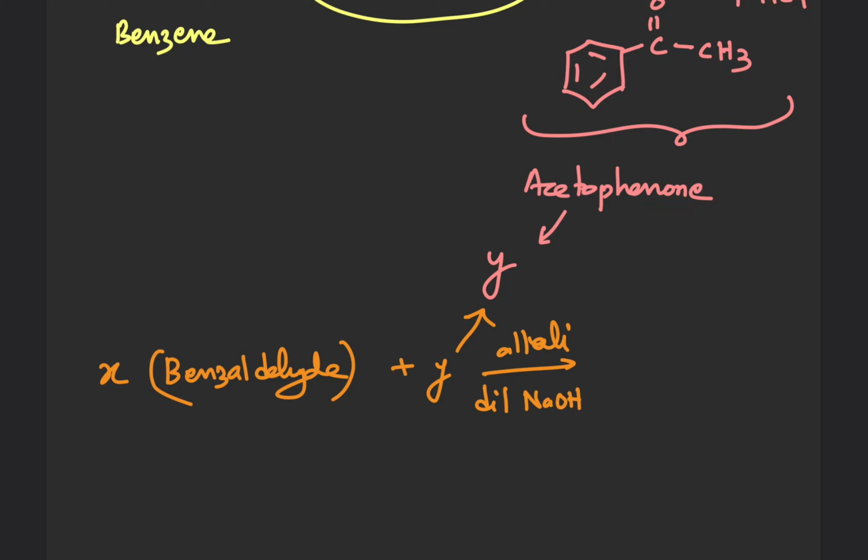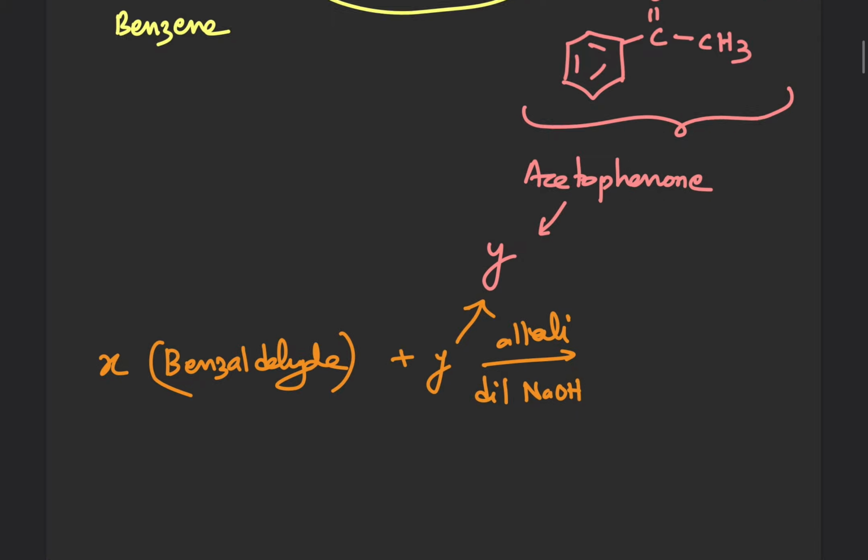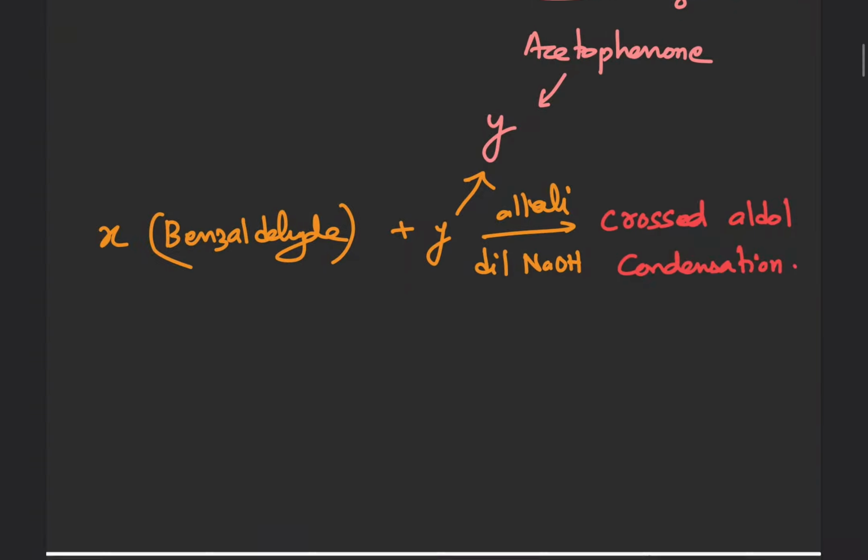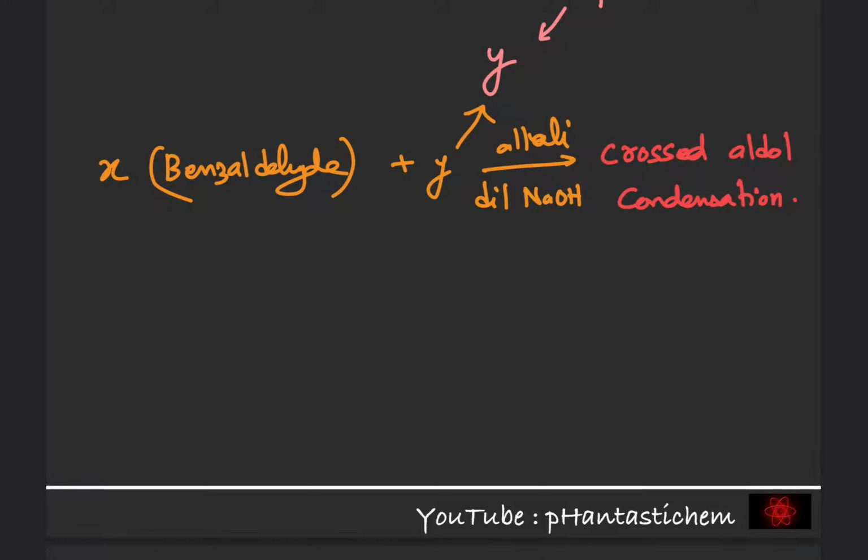So they undergo crossed aldol condensation. If you look at the structure of both of them, benzaldehyde is this and acetophenone is this.